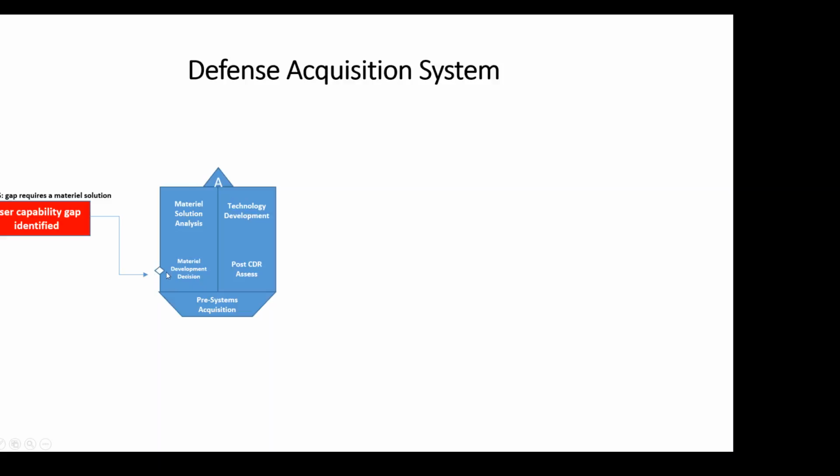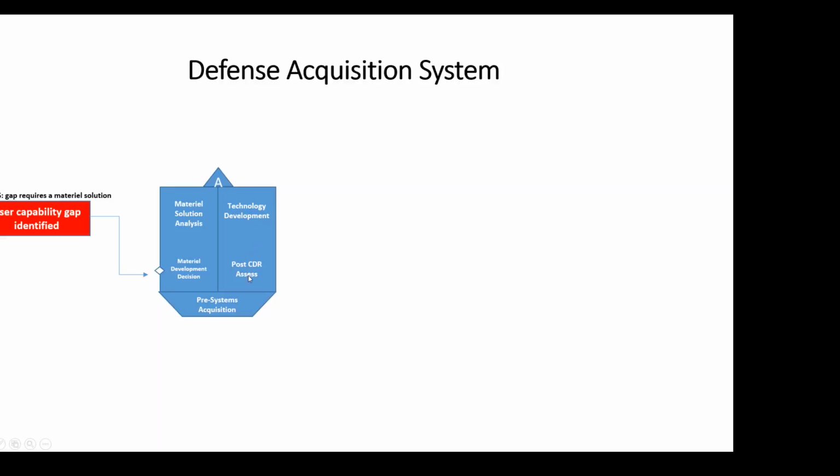Once this decision is made to proceed, you start doing your course of action analysis, material solution. We try to war game different things that can solve that capability gap through the material solution analysis. If we identify the technology, then at milestone A, a decision is made to keep going by the milestone decision authority.